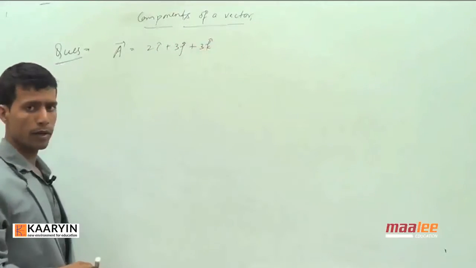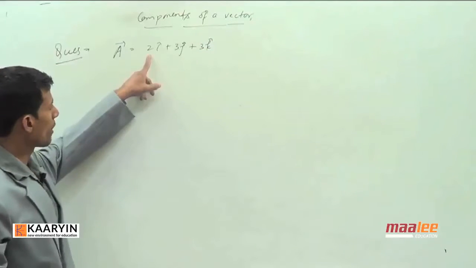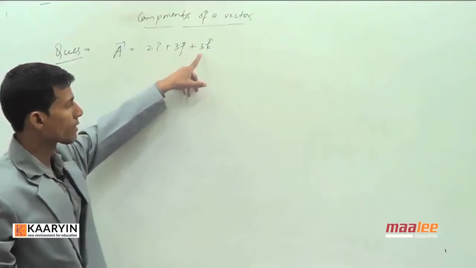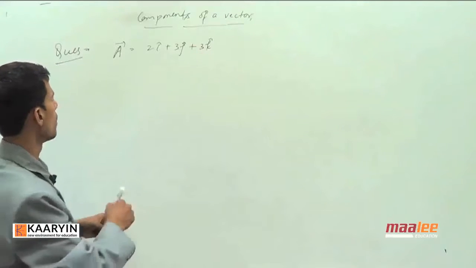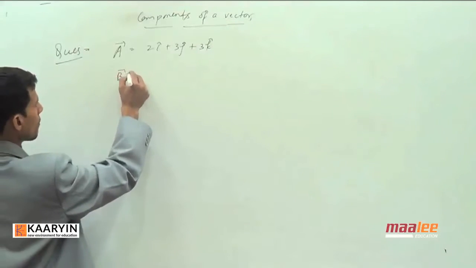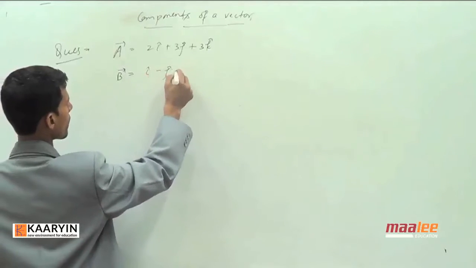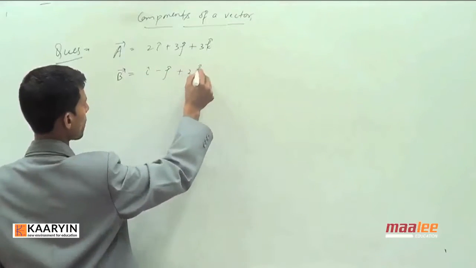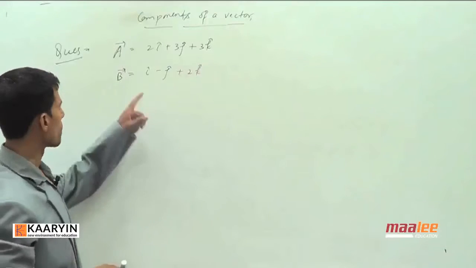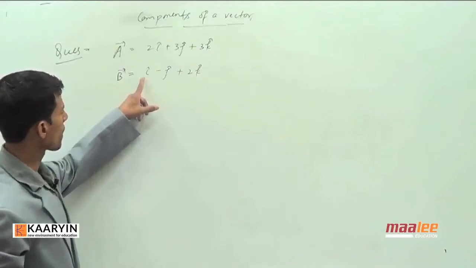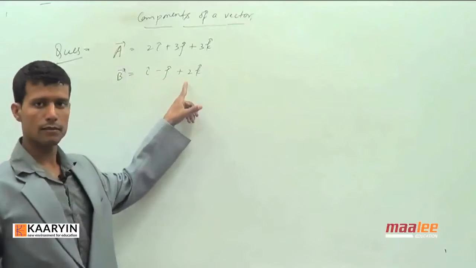As you can see from here, ax is 2, ay is 3 and az is 3. And if we have another vector B, that is i cap minus j cap plus 2k cap, then bx is 1, by is minus 1 and bz is 2.